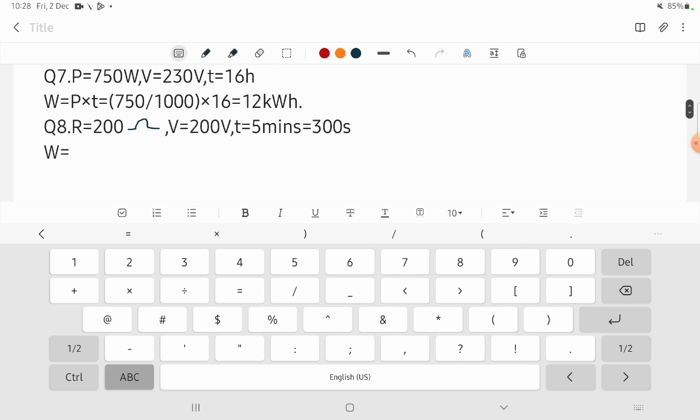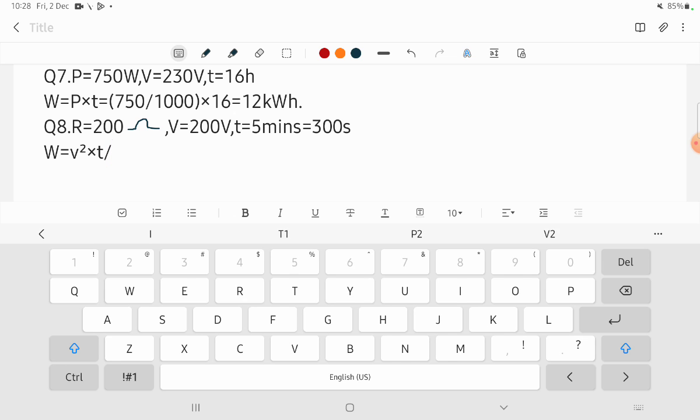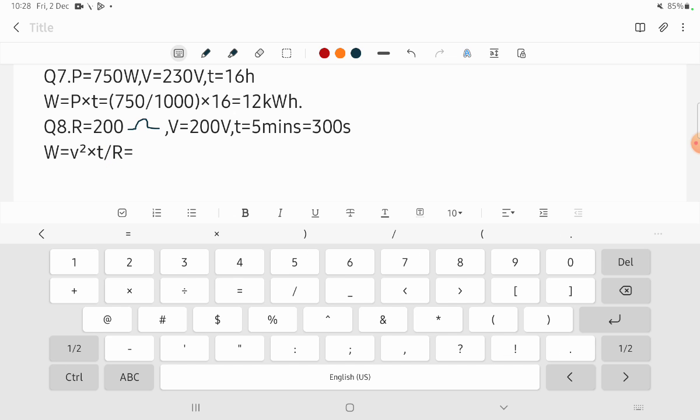So here write down V square T by R. So V square, 200 into 200, into T is equal to 300, divided by R is equal to 200.